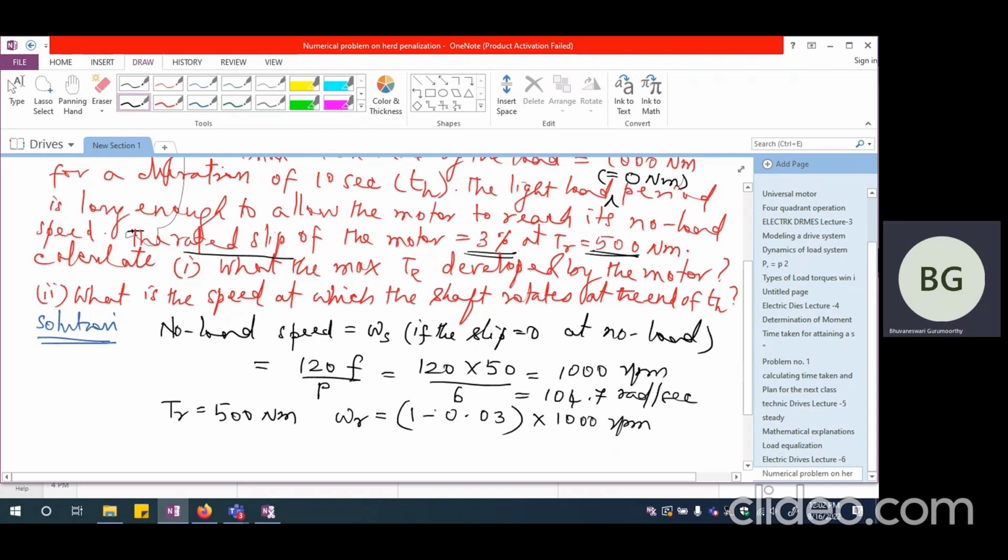Right? So that is 1 minus S times omega S, which is 0.97 multiplied by 1000 RPM, so that will be 970 RPM.